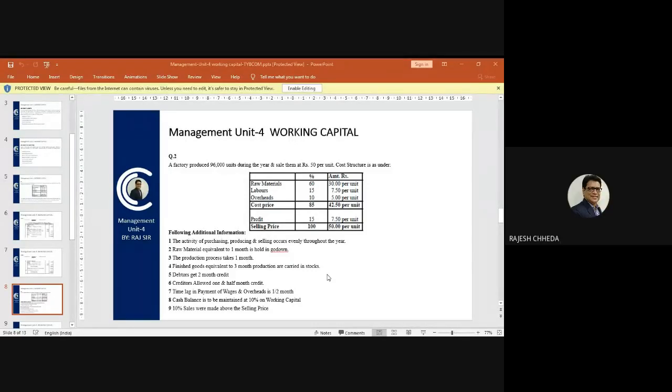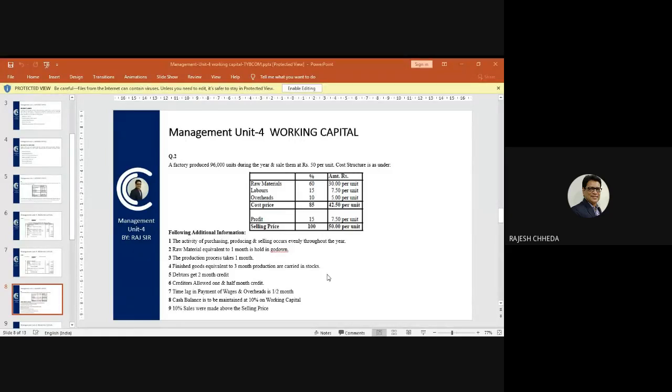Perfect. Now, cash balance to be maintained at 10% on working capital. So you need to calculate first working capital, which is current asset minus current liabilities, and whatever working capital comes, calculate 10% of that, and that is the provision for cash balance.